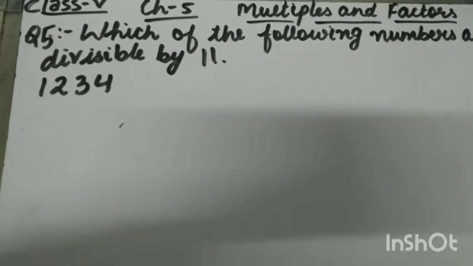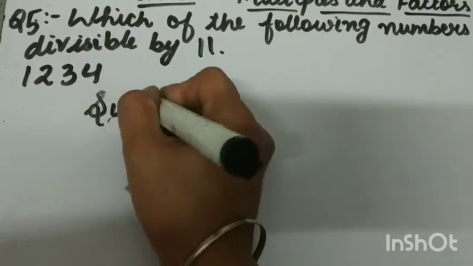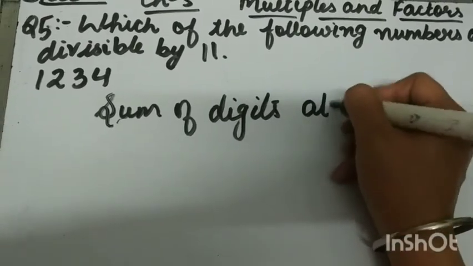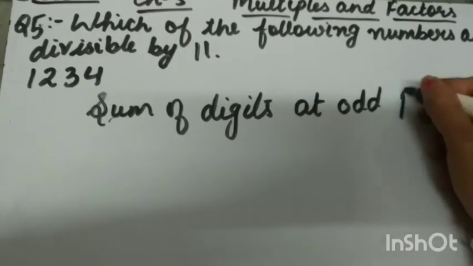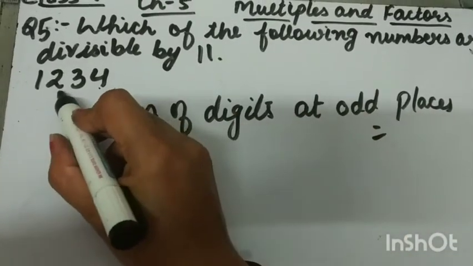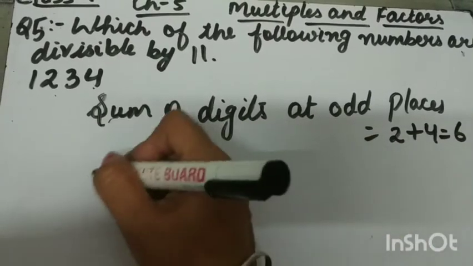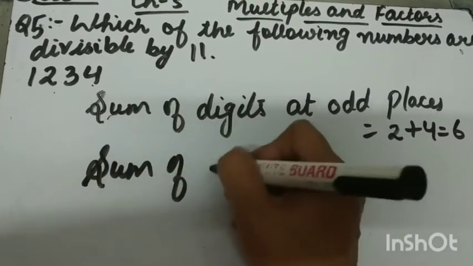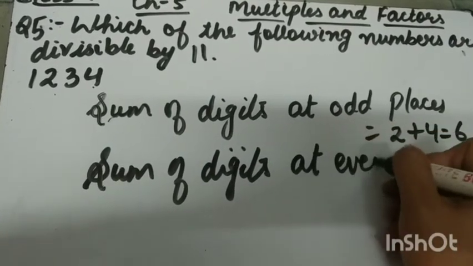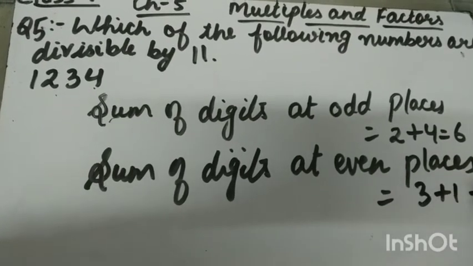Next is 1234. First of all we will find the sum of digits at odd places. The odd places are 4 and 2, so it's 2 plus 4, which is 6, and the sum of digits at even places is 3 plus 1, which is 4.